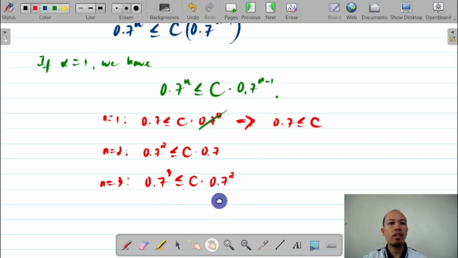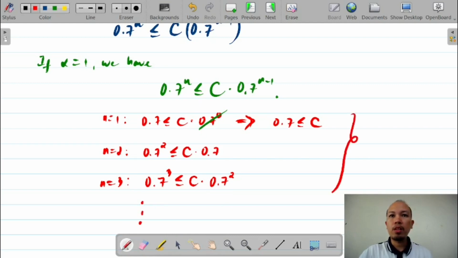Just ask yourself, if c is 0.7, and so on and so forth, from here we can conclude that our c is 0.7.